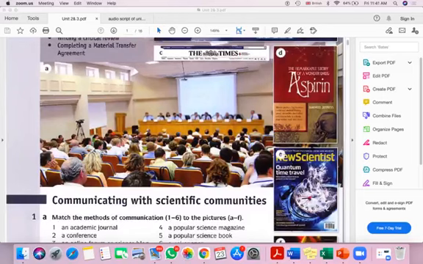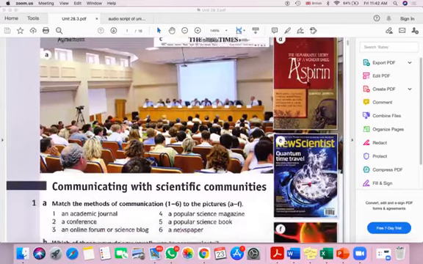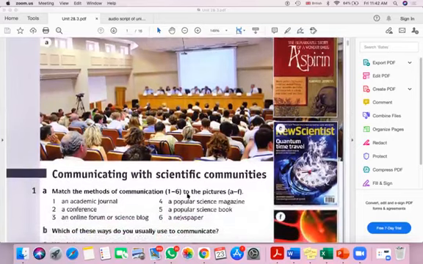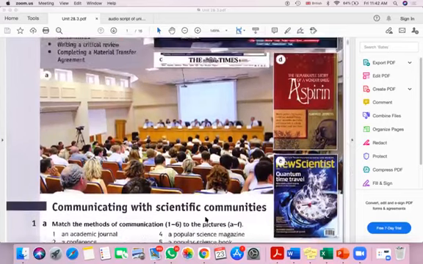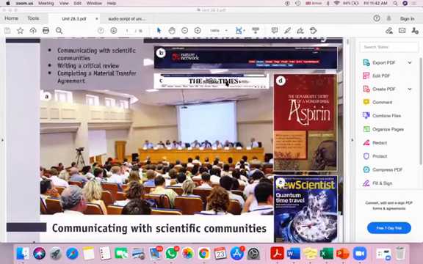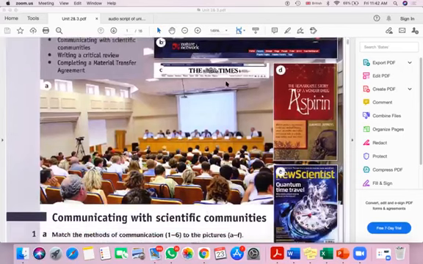From the cover, we have here 2 publications. This is a magazine, Popular Science magazine, New Scientist, and this is a cover of a book. A popular science book will be number D, aspirin. A newspaper, we have here, of course, the Times, number C.